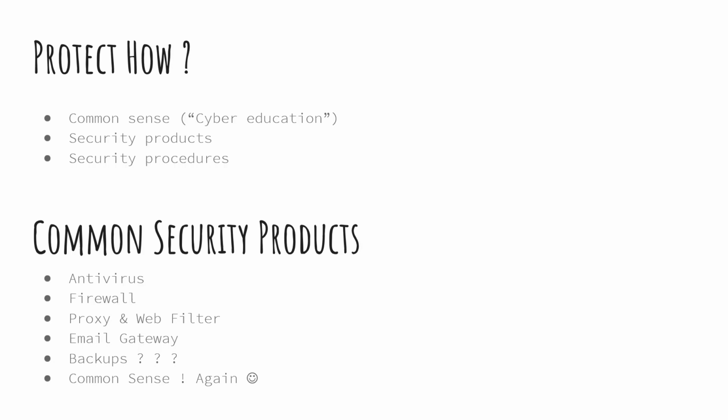So, very important. And again, common sense is very crucial as a product. If people are more aware of security and of the mistakes they make with security, it will improve the protection of the whole environment.